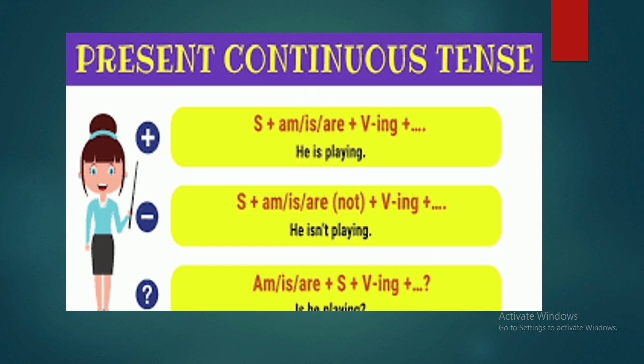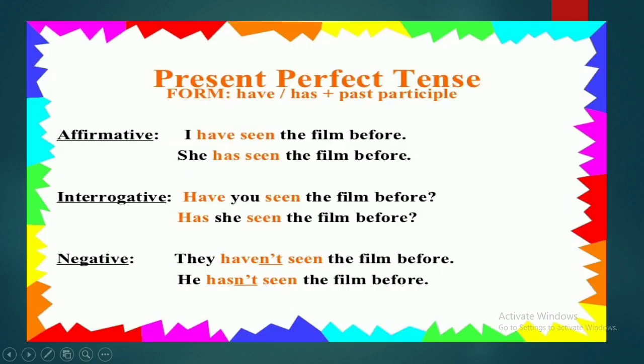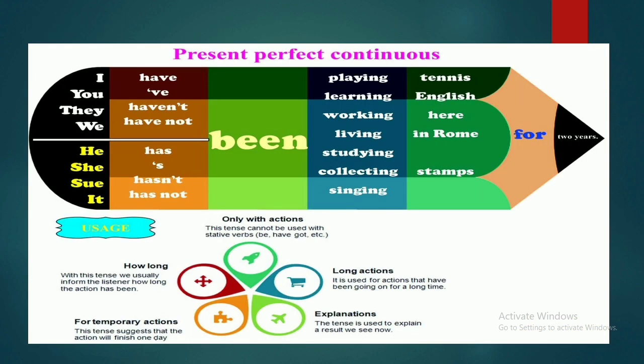The present continuous tense, here is the form, the positive form, the negative form, and the interrogative form. The present perfect tense, as you can see, have or has plus pp, the affirmative form, the negative form, and the interrogative form. Have and has plus PP or present past participle.